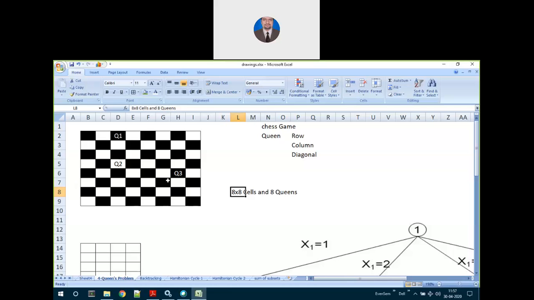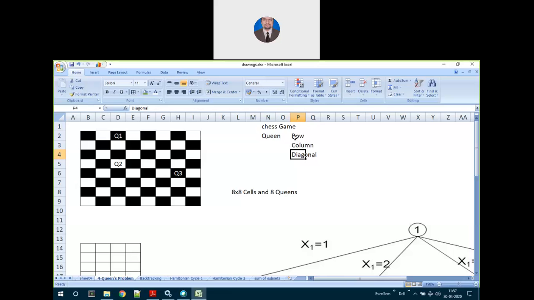In this particular case, the bounding functions are three. Any two queens should not be placed in the same row, any two queens should not be placed in the same column, and any two queens should not be placed on the same diagonal.